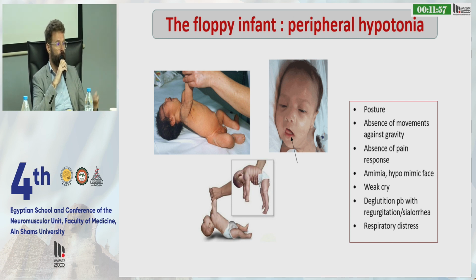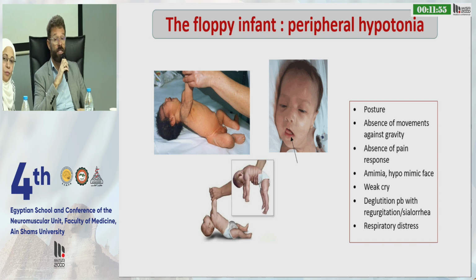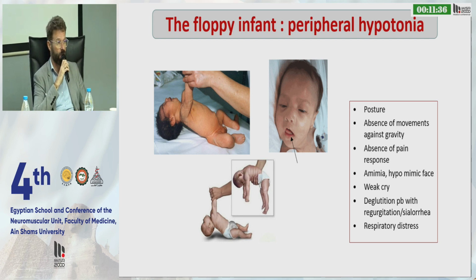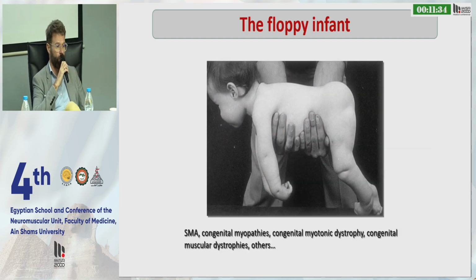There is the absence of movement against gravity. There is an absent response to pain. There is amimia, drooling. You can have a weak cry, deglutition problems, and respiratory distress. Of course, when you have a floppy baby, you need to make the distinction between a central nervous system problem or a peripheral nervous system problem, that are the neuromuscular disorders that we are treating today.